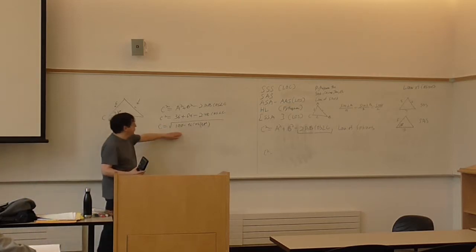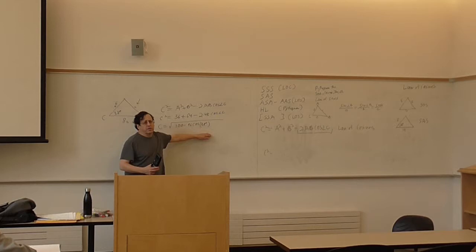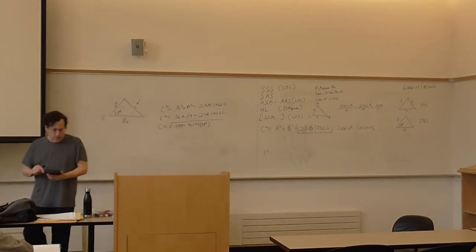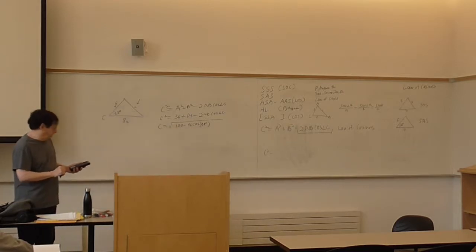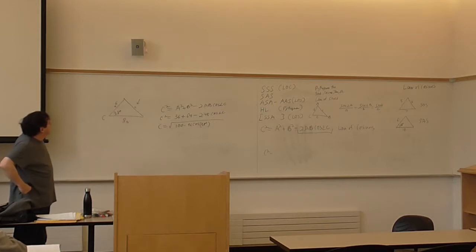But if you were to leave it just like this, I would be perfectly happy. Especially on an exam, as long as you show me you know the formula, you don't actually have to come up with the actual number.